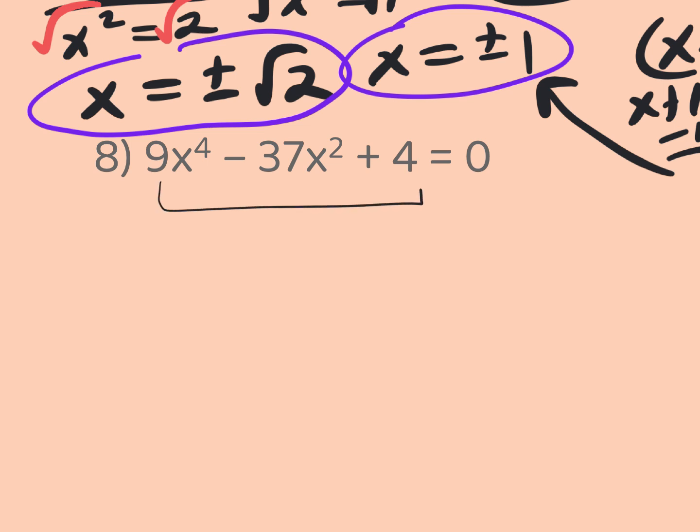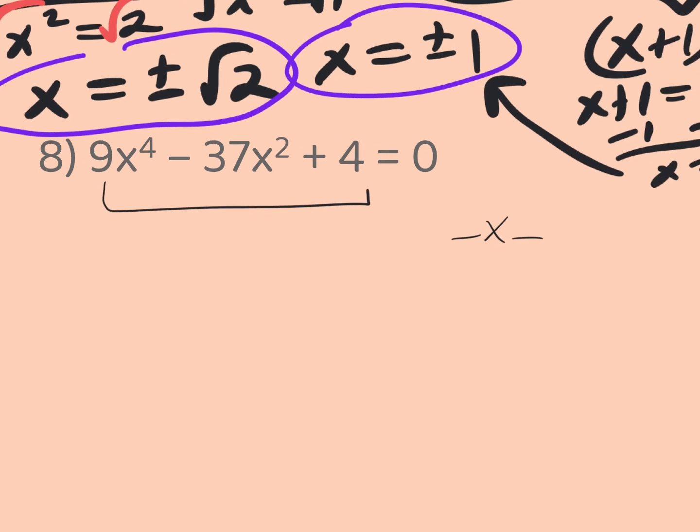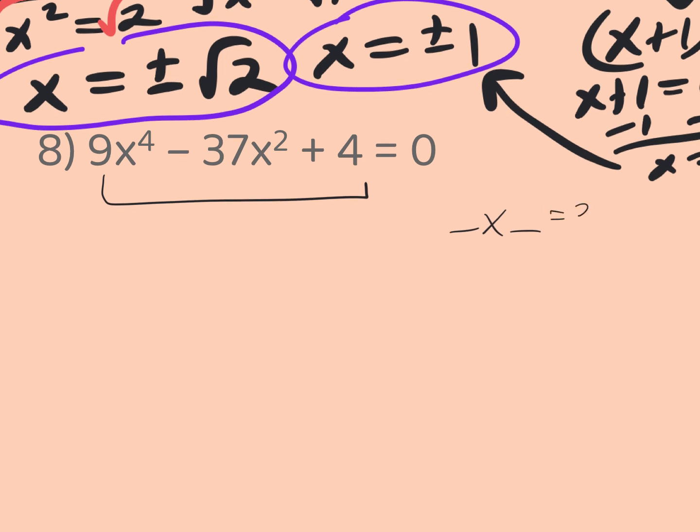This gives me two numbers that will multiply to give me 36 x to the 4th, but will add to give me -37 x squared. And those two factors are going to be -1 x squared and -36 x squared. Never look over the obvious.